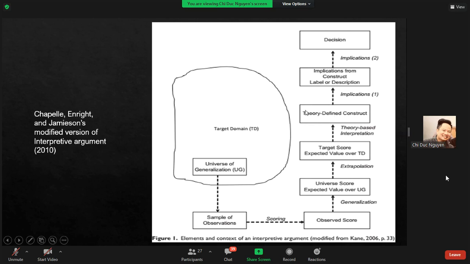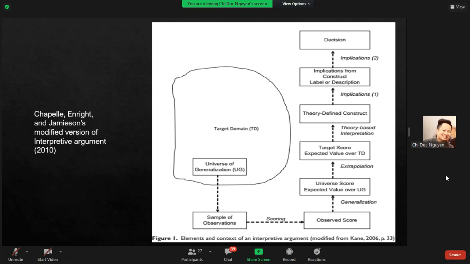Because in this way, we can generalize this score not only to future performance, but to other contexts as well. And the final one: from this construct, what kind of label, what kind of score, what kind of performance can be described.